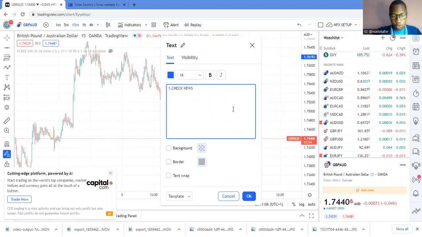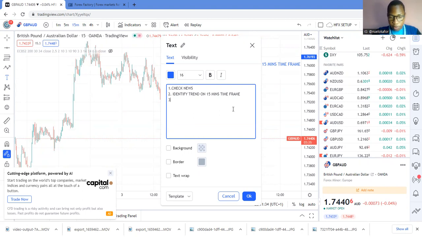Number two is to identify trend on the 15 minutes time frame. I'm using 15 minutes because that's where I notice it's more accurate with this, okay? Some use the 5-minute, but I notice it's not as good as this. So identify trend on the 15 minutes time frame.